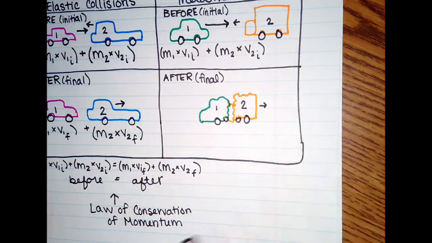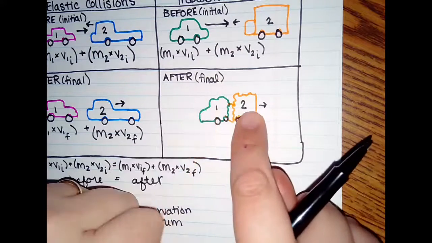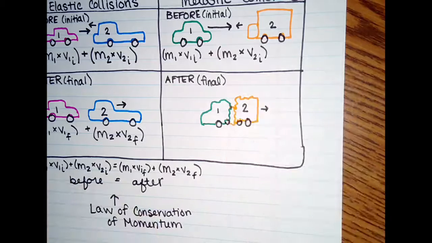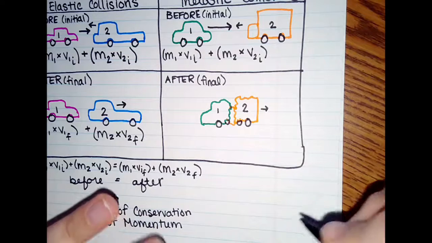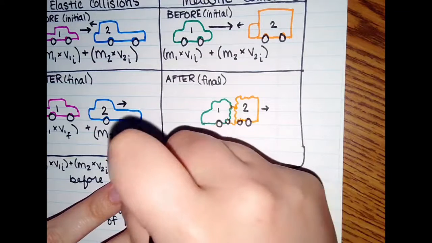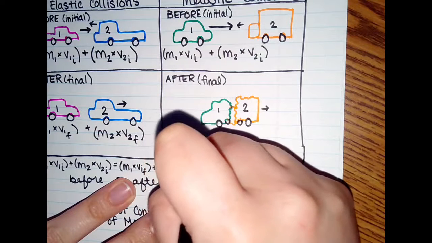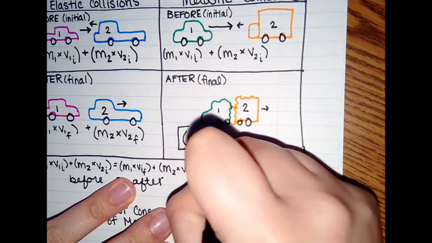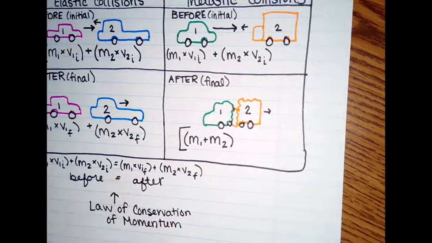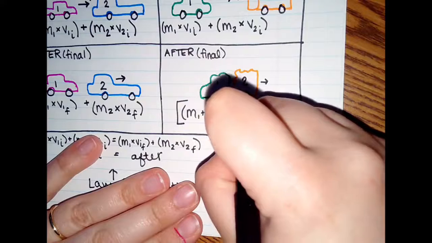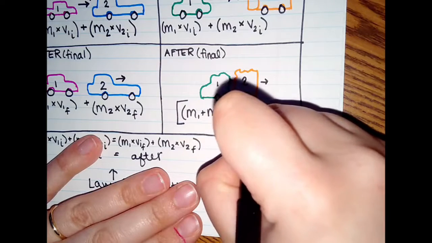How do you figure this out? When they stick together, you add up the mass, because now this is just one big clump. So we're going to say, solve this, the mass of the car plus the mass of the truck times the final speed they're going.